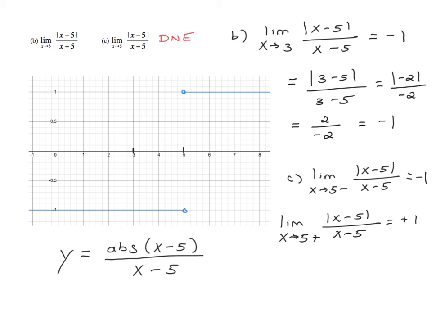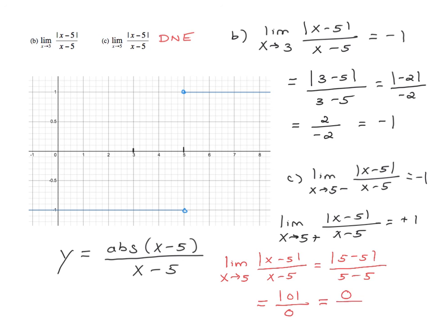Something else to watch out for here is, what if you just tried plugging in 5 into the function just like we did in part B where we plugged in 3? Like, what if you were like, all right, I'm not looking at a graph, I'm just going to take the number 5 and put it into this function. If we do that, we get the absolute value of 5 minus 5 divided by 5 minus 5. If we simplify that, we get the absolute value of 0 over 0, and the absolute value of 0 is 0.